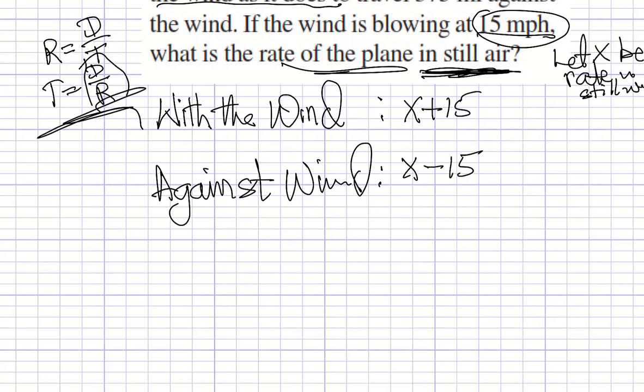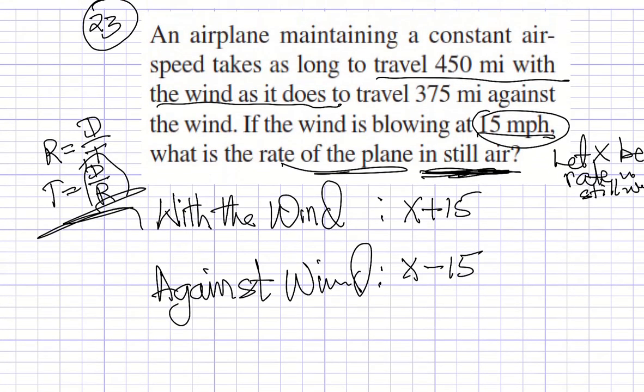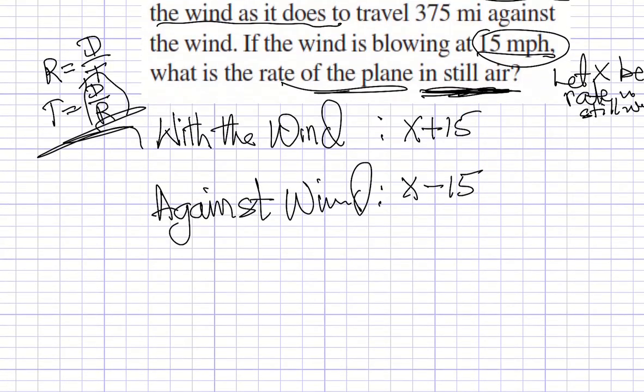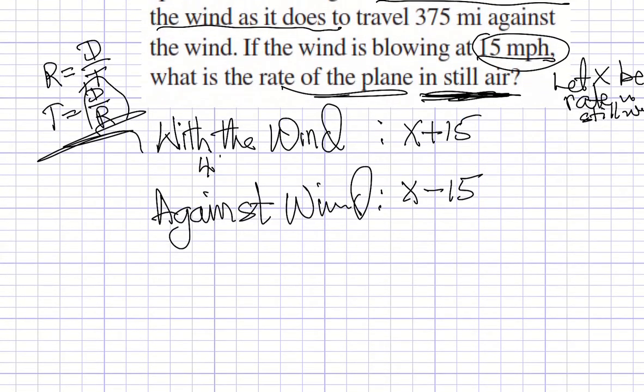So with the wind, the time is, I'm gonna write it over here. With the wind, the time is distance over rate. The distance is given, 450. That's with the wind. Okay, so it's 450 over the rate, which is that.